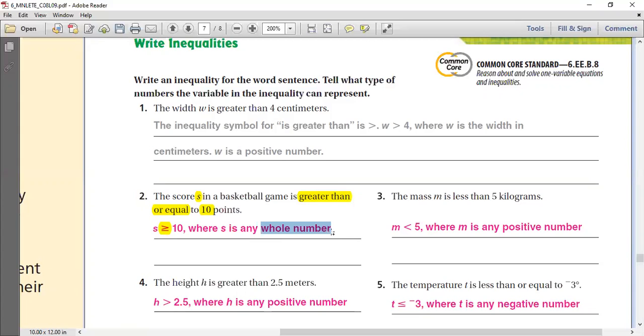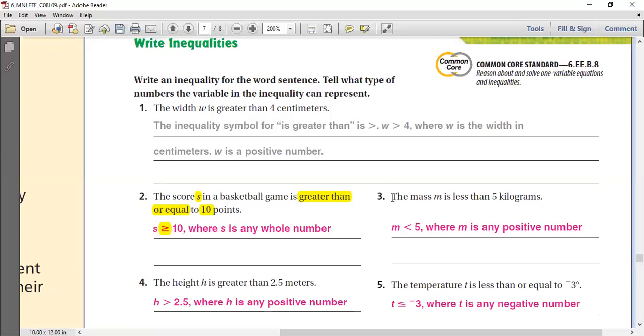Okay, so that's why they said it is going to be a whole number. Means it has to be a number greater than 10. It has to be 11, 12, 13, 20 or so on. It cannot be a number like 3.5, 10.5 or 11.25. Basketballs don't have such scores. Okay, so I hope you all have got this right.